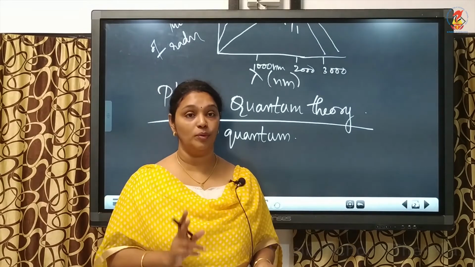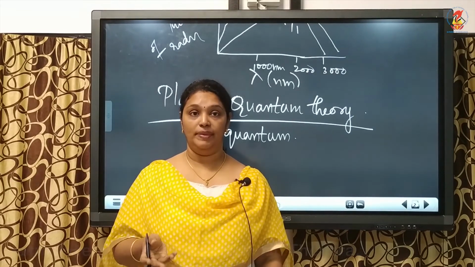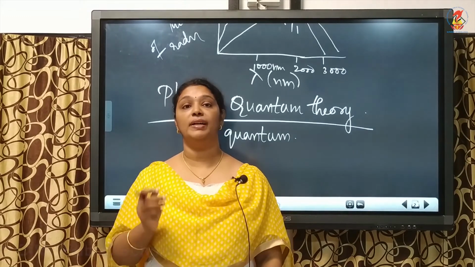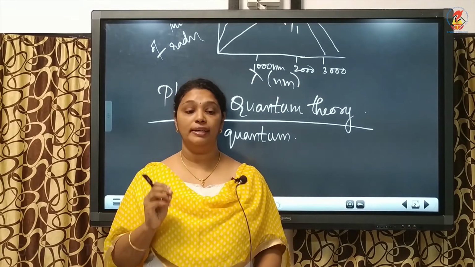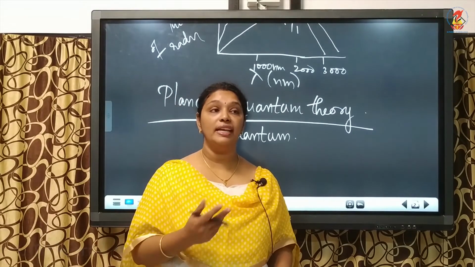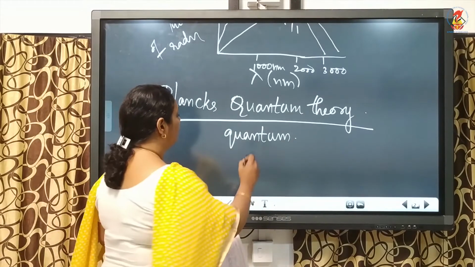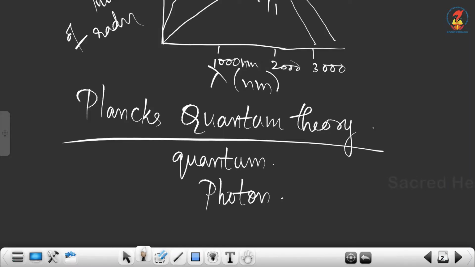So this is the first postulate of Planck's quantum theory. And in case of light, we can call this quantum of energy a photon. So photon is the smallest quantity of energy that is emitted from light.